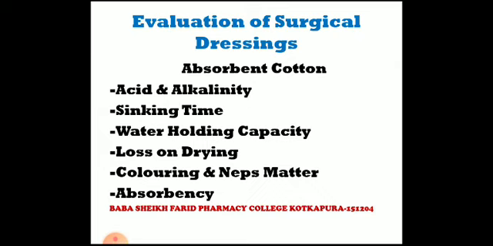Examples of fabric: absorbent lint, absorbent ribbon gauze, bandage, crepe bandage, elastic bandage. Fourth, for example, rubber and oil impregnated material: belladonna self-adhesive plaster, which is used as a type of surgical dressing.